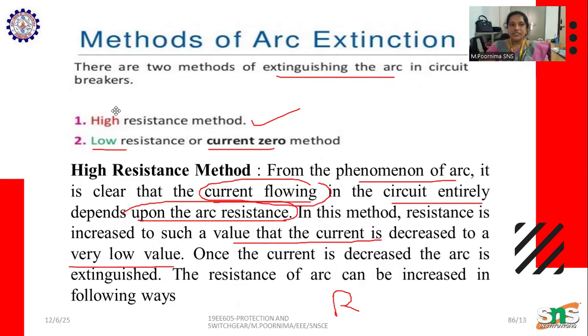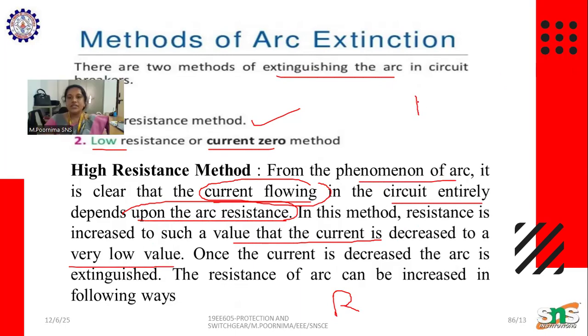If the resistance increases, the current automatically decreases. Once the current decreases, the arc is extinguished.